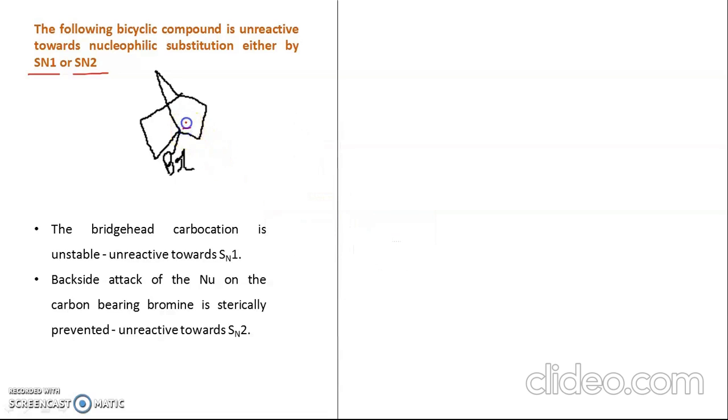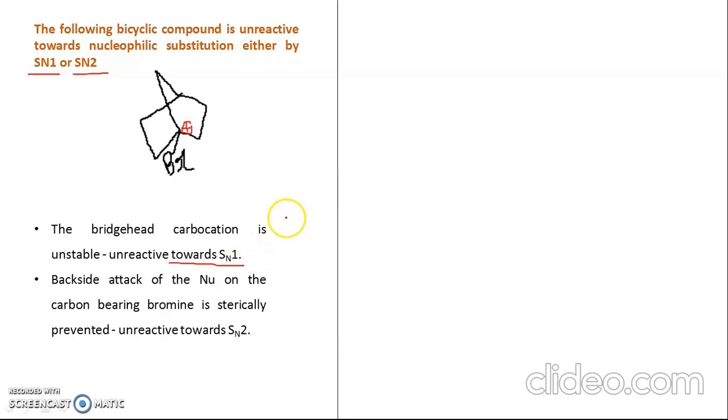As a result, it cannot attain planar configuration, so it will be very unstable. That is the main reason it is unreactive towards SN1. Bridgehead carbocation formation is not possible, and even if it forms, it will be very unstable.